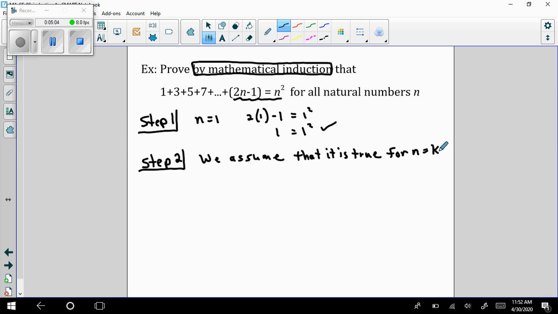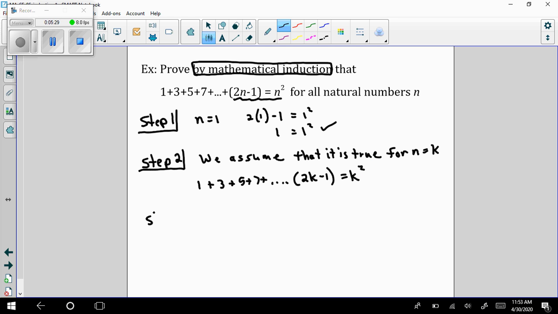So what I basically do is take my statement that was given to me up here at the top, and I change my n to k. So I have 1 plus 3 plus 5 plus 7 plus, and this is going to change to 2k minus 1 equals k squared.